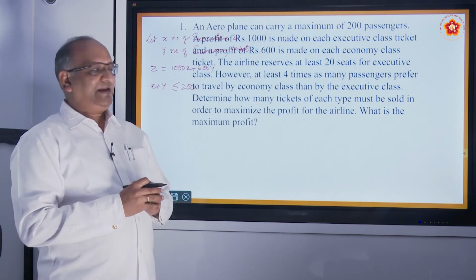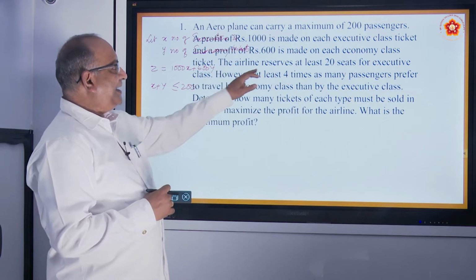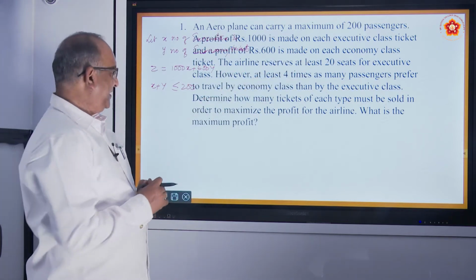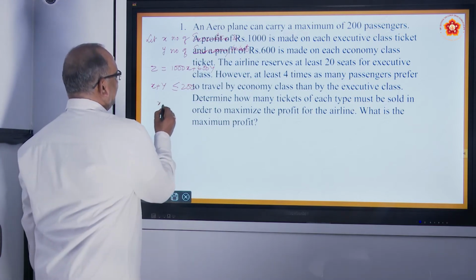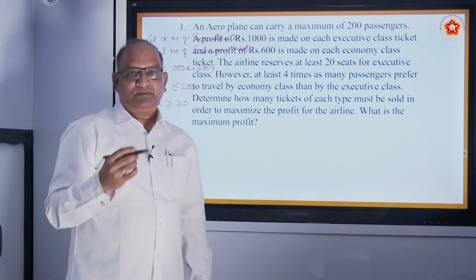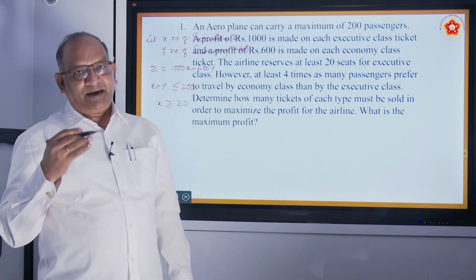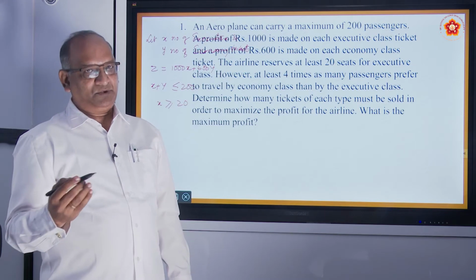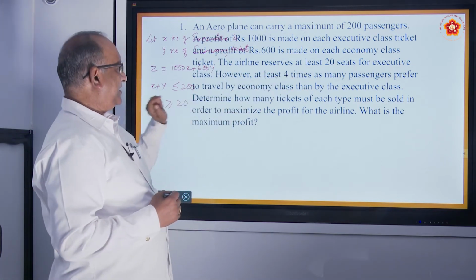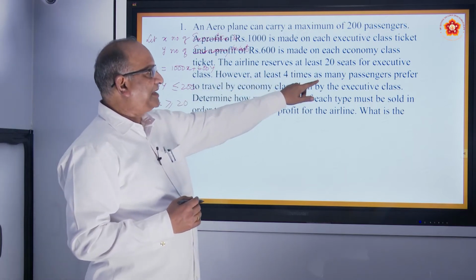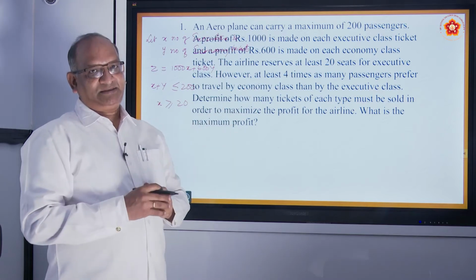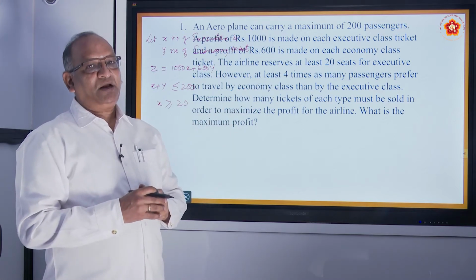Then further he says the airline reserves at least 20 seats for executive type, means X is greater than or equal to 20. Executive seats are 20 or more. At least 20 seats for executive class. However, at least 4 times as many passengers prefer to travel by economy class. How many tickets on economy class?